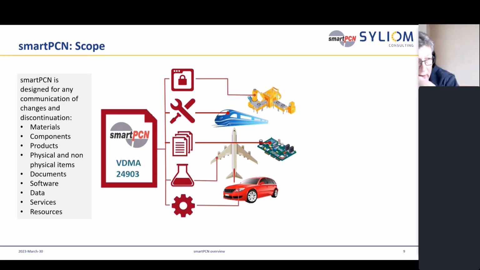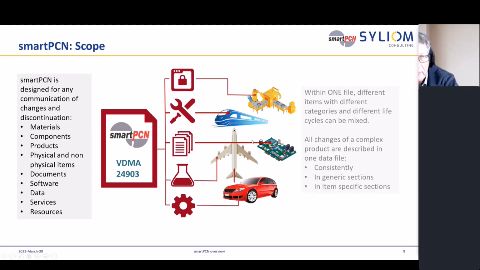And we have already a lot of applications where people exchange information about such types of products and really down to the components by smartPCN. And you will then see that also here in this webinar, what other companies do with it.